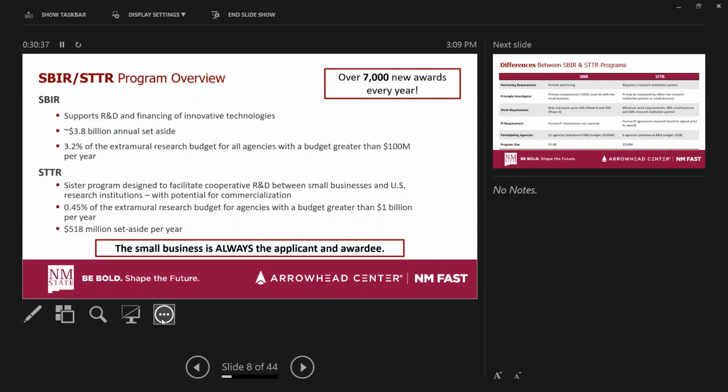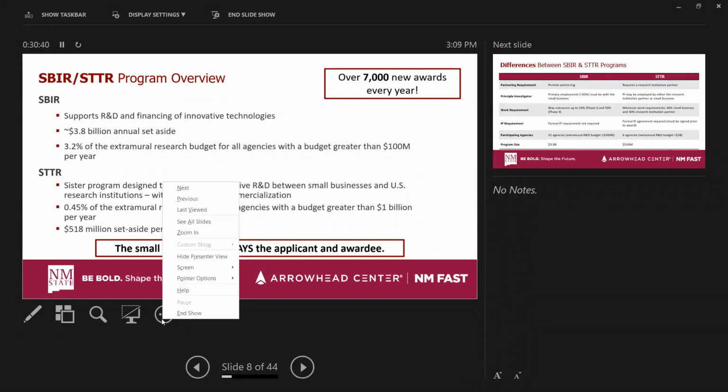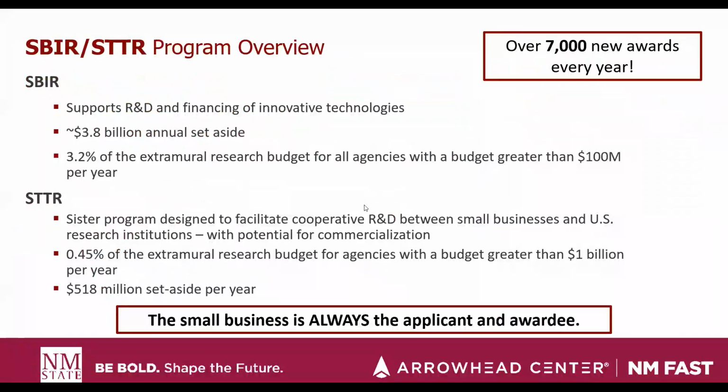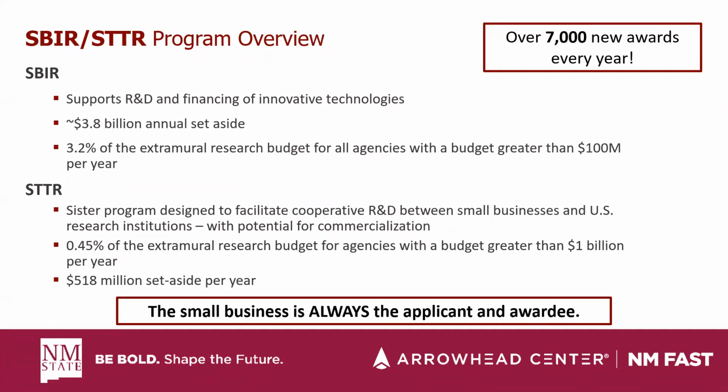So what that means is if an agency's budget falls below $100 million per year, they could opt out of this program. And if an agency who's not participating now has a budget that exceeds $100 million per year, they will be required to participate in the program.